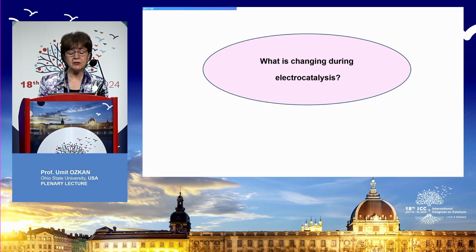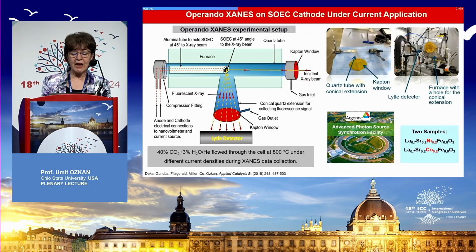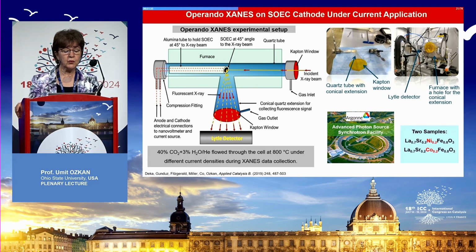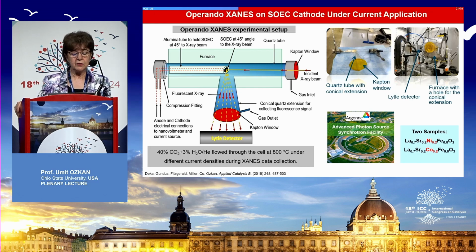So what is changing during electrocatalysis? This is one of the challenges, looking at these interfaces or surfaces under electrocatalytic reaction conditions. For this, we designed an operando XAS cell where we are using a fluorescence detector, and we are essentially recreating the conditions for the electrocatalytic cell.